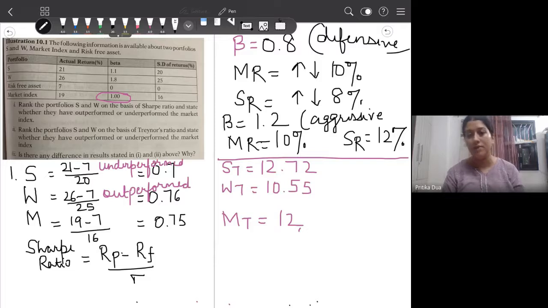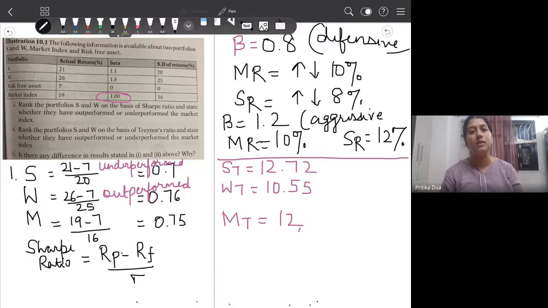So that is why we are getting completely different results for the Sharpe and the Treynor ratio. If there is no unsystematic risk in your investment, then you will get the same result under the Sharpe ratio and the Treynor ratio.